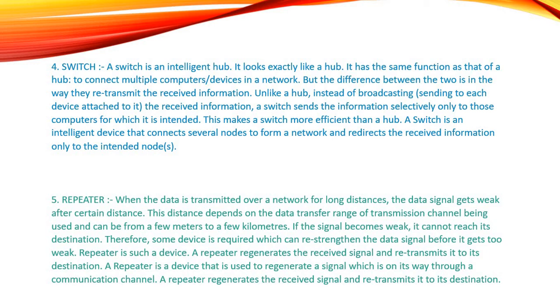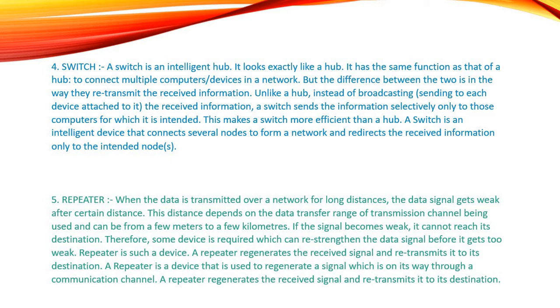Unlike a hub, instead of broadcasting, that is, sending the received information to each and every attached device, a switch sends the information selectively only to those computers for which it is intended. This makes a switch more efficient compared to a hub.